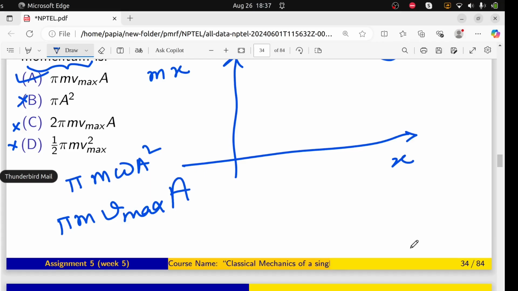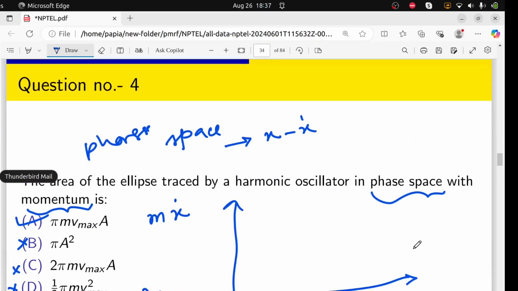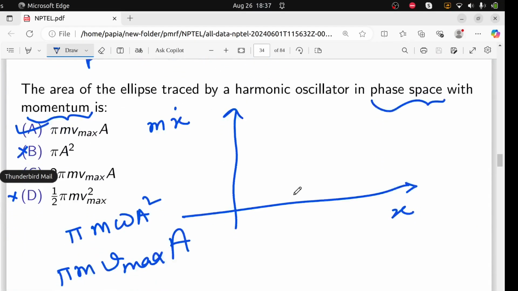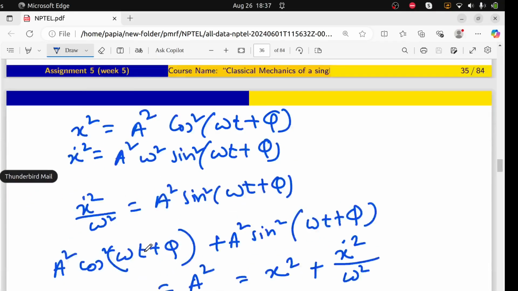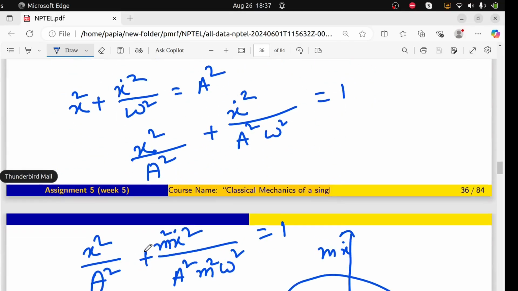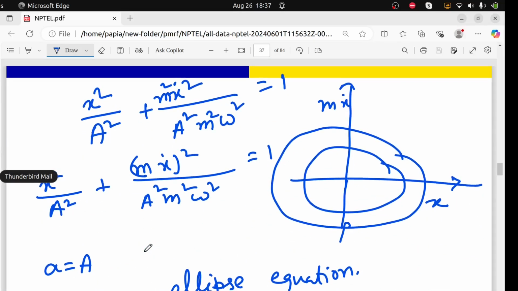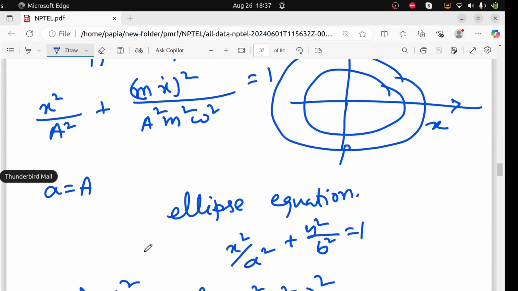So here in this case what we have done, we have just calculated how x and m x dot will vary in that phase space, and we found that it is indeed an ellipse equation, and if it is an ellipse equation then we can get semi-major axis.